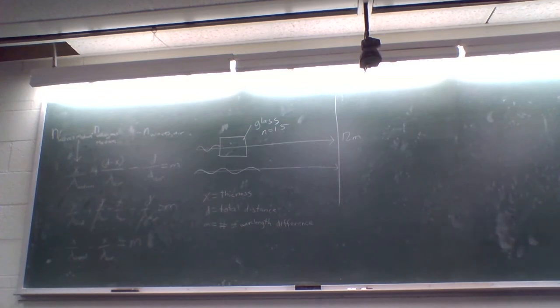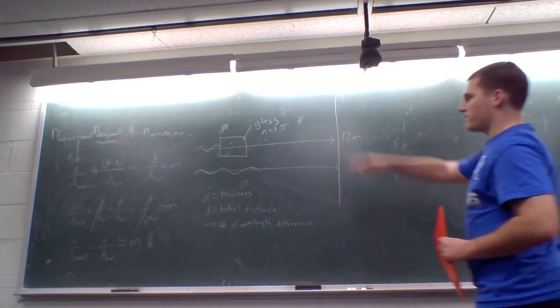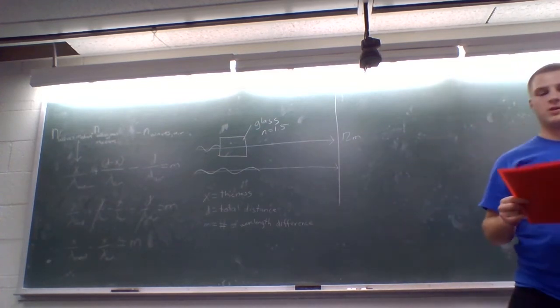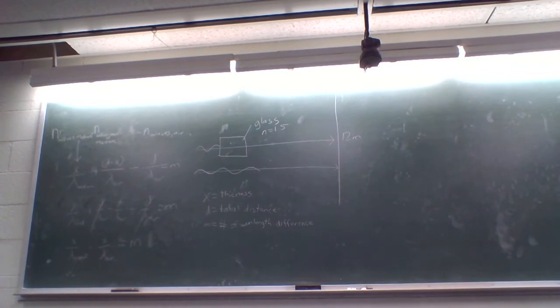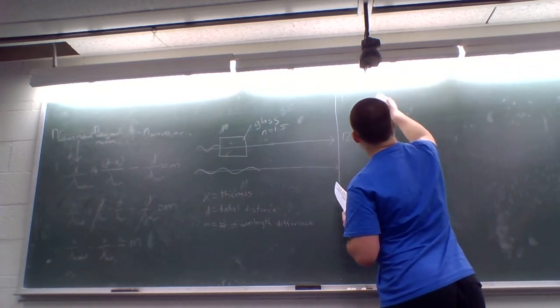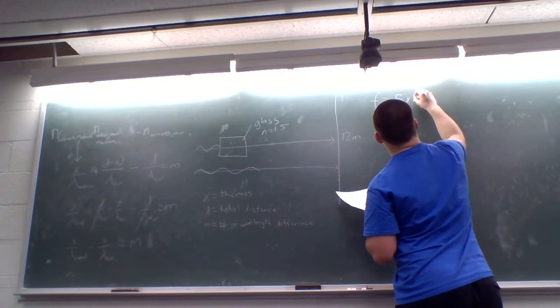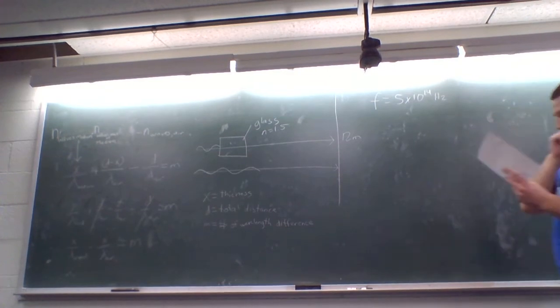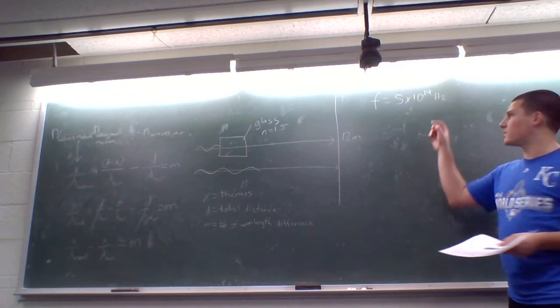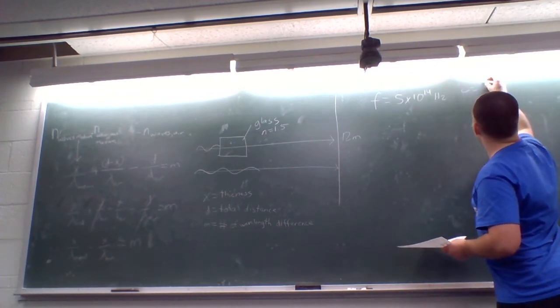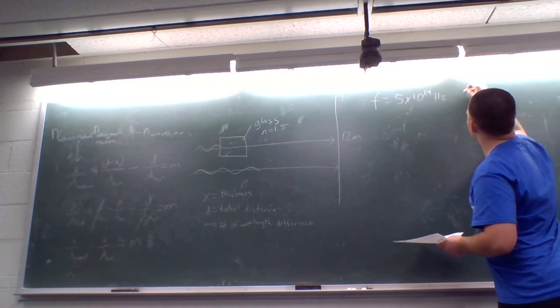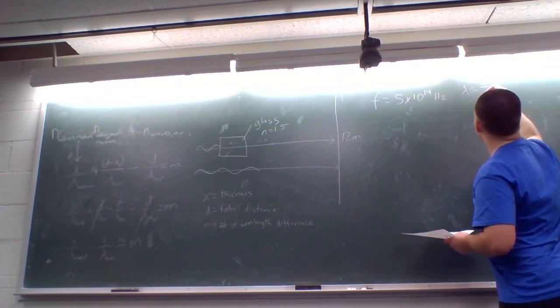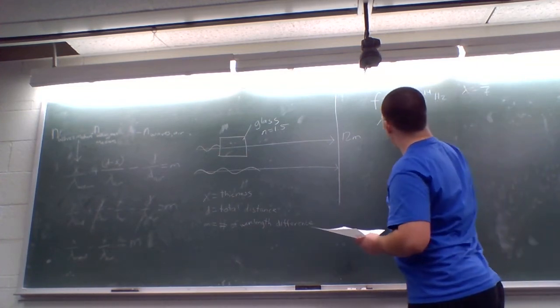So the two problems that we're doing today are with this sort of layout here, with light of frequency 5 times 10 to the 14th hertz. Doing wavelength equals C divided by F, we end up with a wavelength in air.